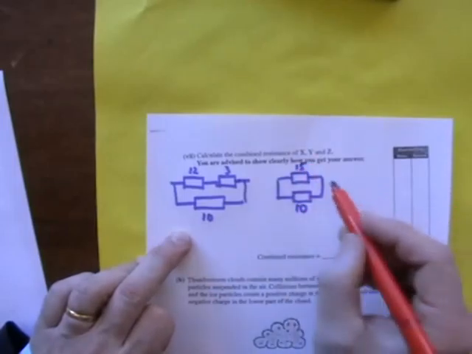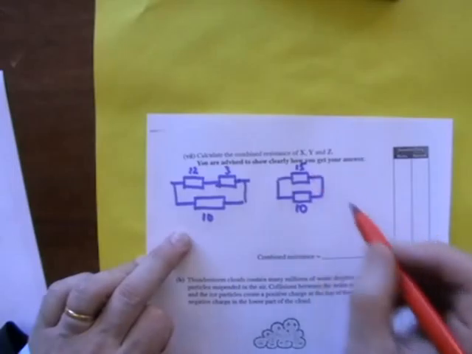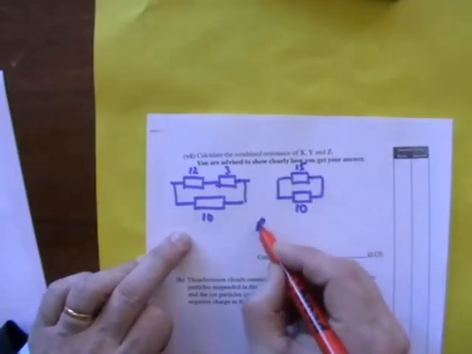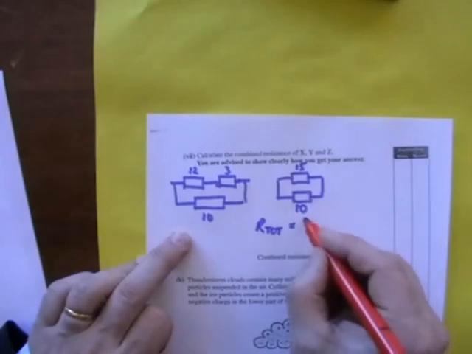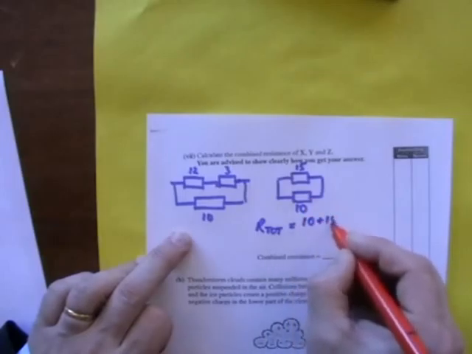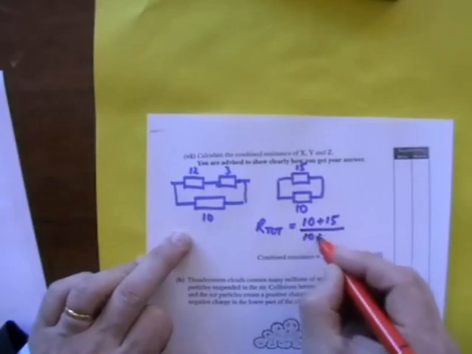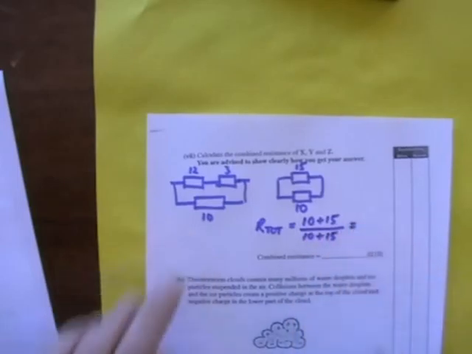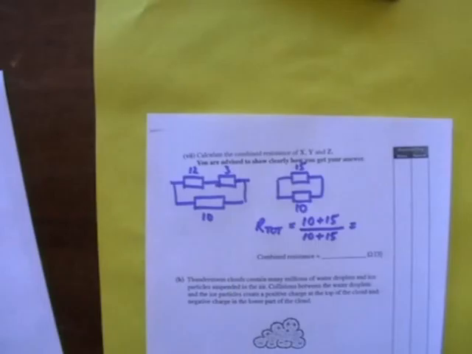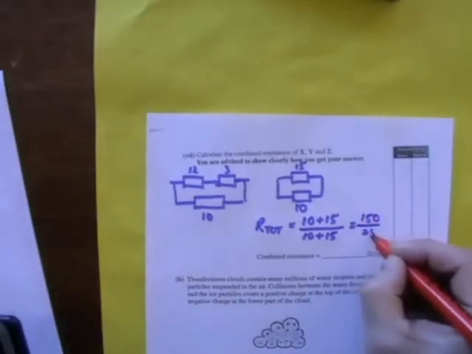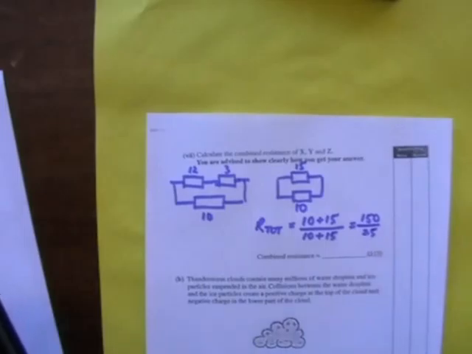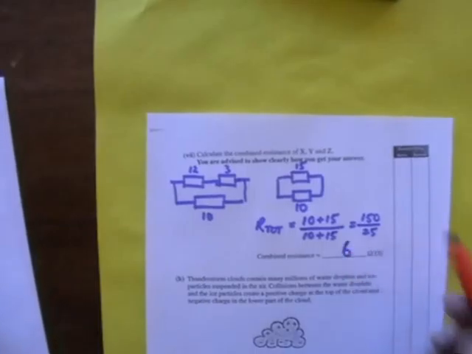And now I can use the formula for resistors in parallel. So we have 2 resistors in parallel, therefore our total is equal to the product over the sum, so that's 10 times 15 over 10 plus 15, and that gives us 150 divided by 25, which gives an answer of 6, so it's equal to 6 ohms.